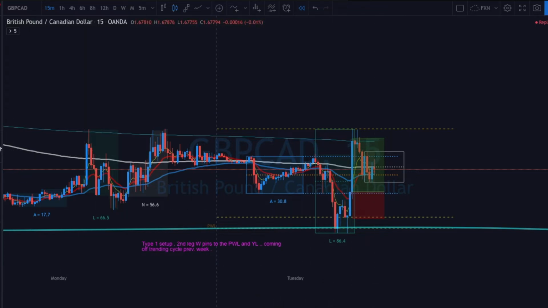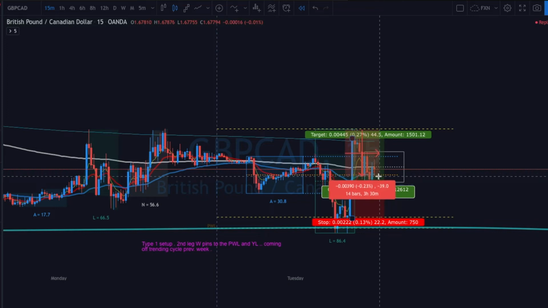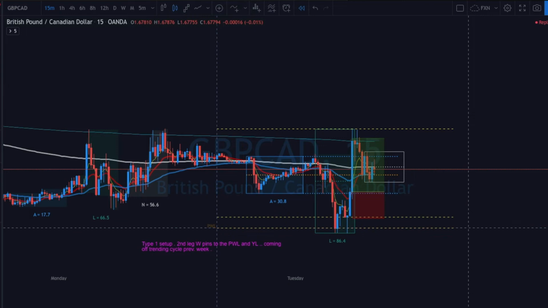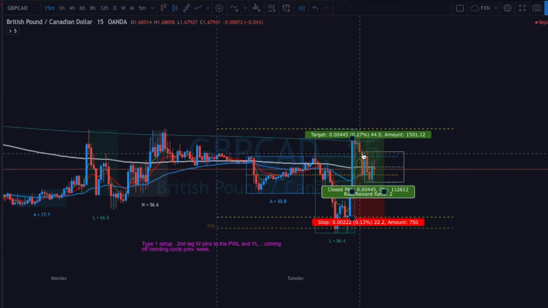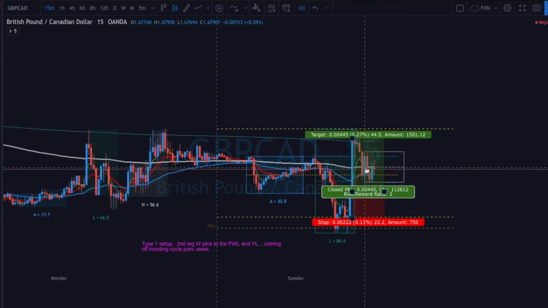You're about 40 pips from the high of the day right now, and about 50 pips from the low of the day that's currently showing. So you're not at the high of the day, you're not at the low of the day. You're basically in the middle, literally.